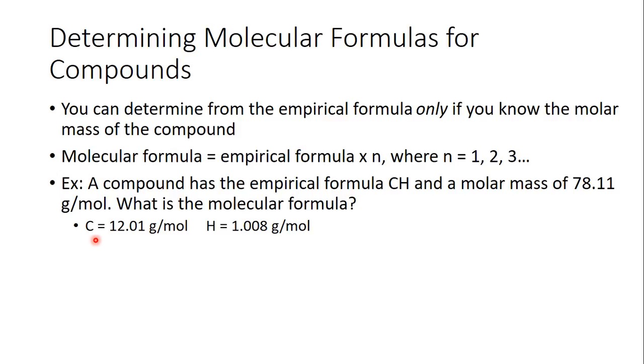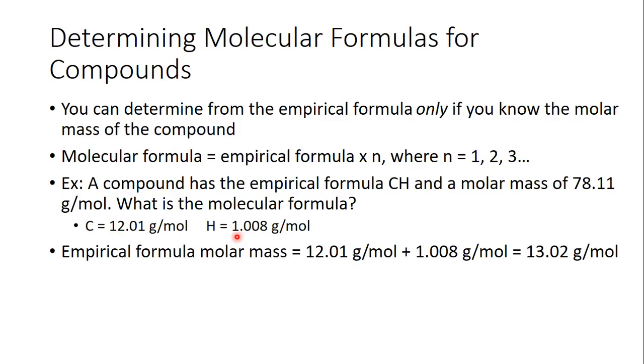Well, I know from the periodic table carbon is 12.01 grams per mole. Hydrogen is 1.008 grams per mole. And my empirical formula is just CH, so I add these two numbers together to get 13.02 grams per mole. I need to solve for n. Remember, the molecular formula equals the empirical formula times n, or I could do molecular weight equals empirical weight times n.